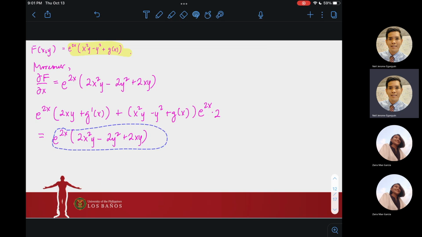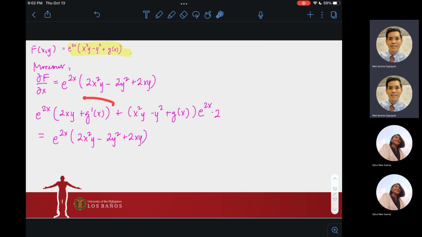All right. And then one observation is that the first term here has an e to the 2x. This guy has the 2x. So I can divide both sides by e to the 2x.